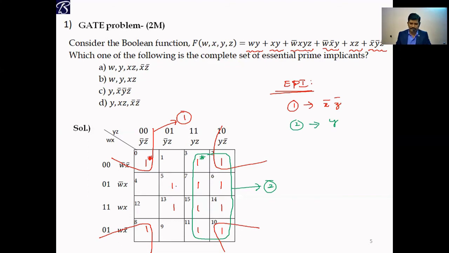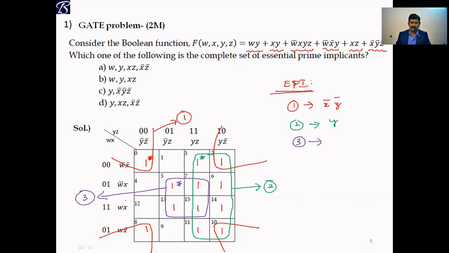Coming to the next one, if you consider cell number 5, the only maximum possible group is a quad, and it becomes essential because only one possibility is there. So this is also an essential prime implicant. What is the combination here?